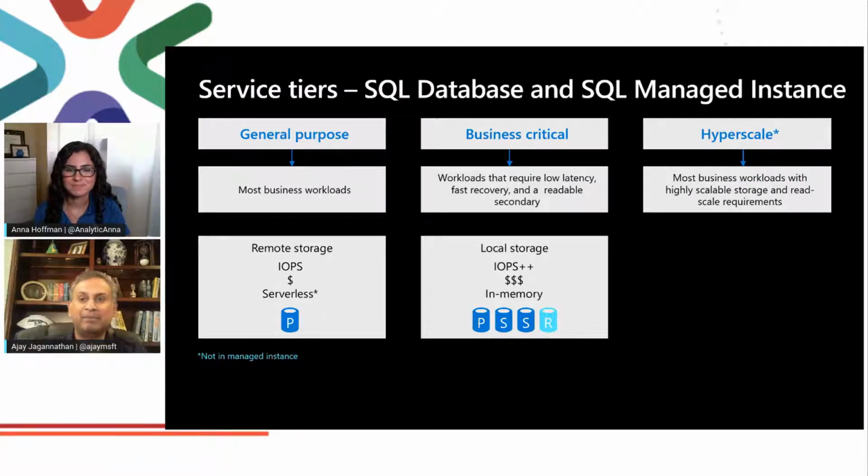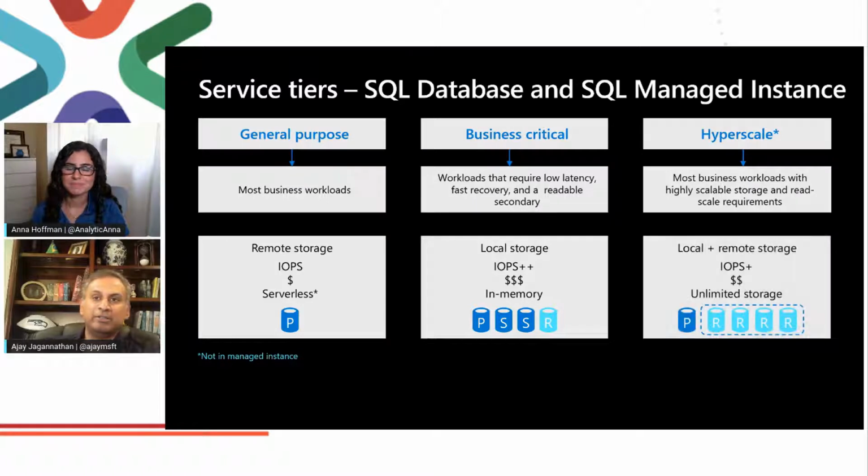As the name implies, it really is hyper, and it provides limitless scale. One of the reasons is to leverage the benefits of the cloud. Unlike other tiers, customers are really looking for an elastic environment where they can future-proof their investments. If you're starting with a small application, and let's say you're a startup and you don't know how it'll grow, you could start with a very small deployment choice under hyperscale.